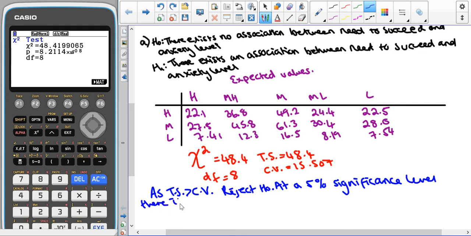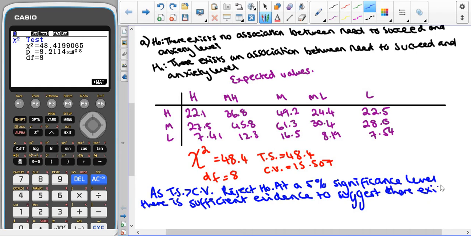There is sufficient evidence to suggest there exists an association between need to succeed and anxiety level.